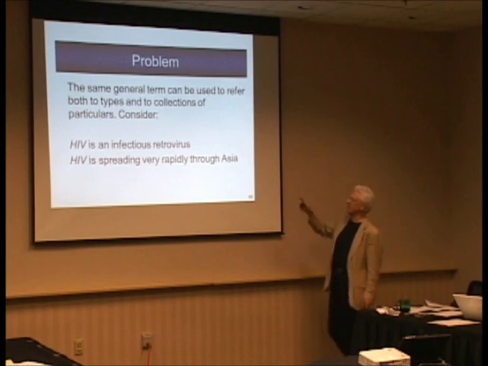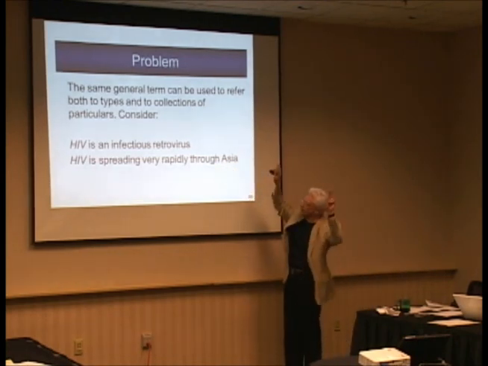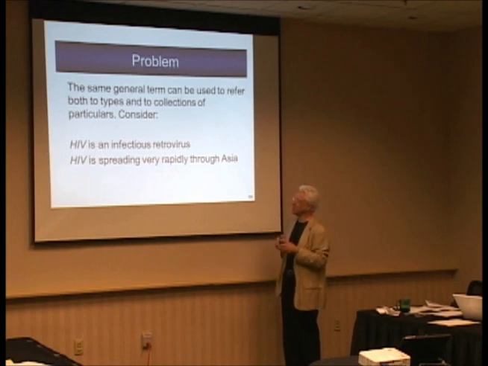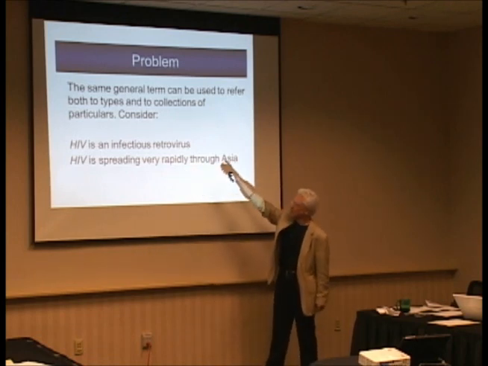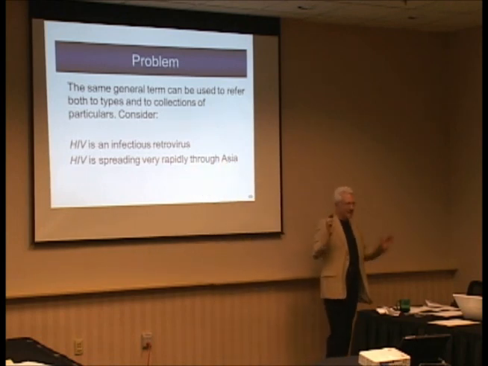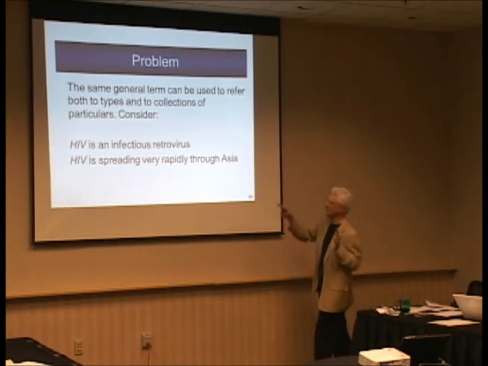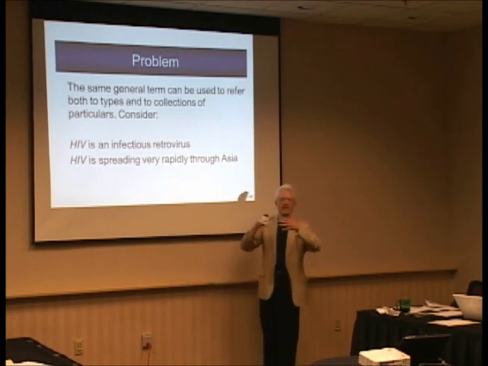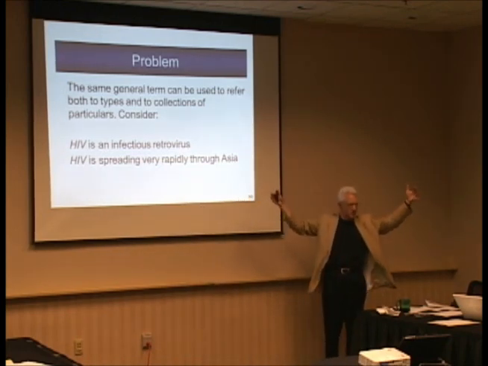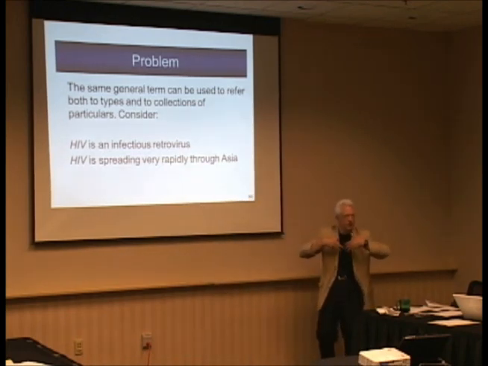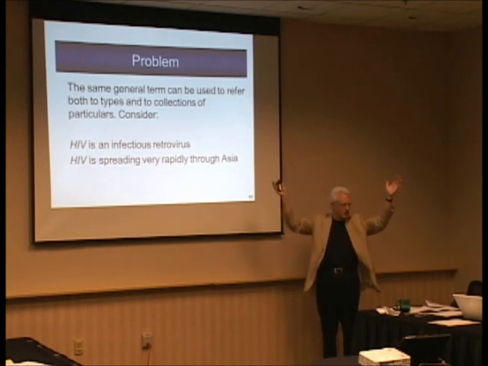Now there is a problem here in that we very often use words for types to refer to particulars. So we could use HIV to mean a certain type of infectious retrovirus, or we could use HIV to refer to a collection of instances, a very big instance, which is spreading through Asia or something.